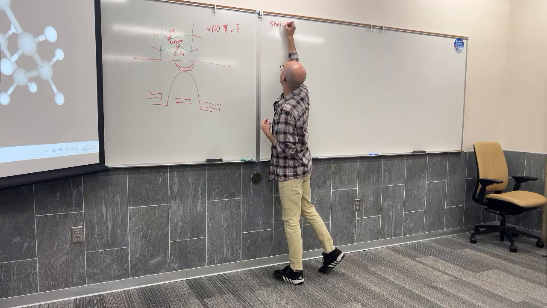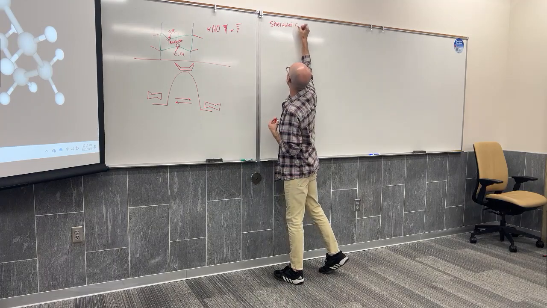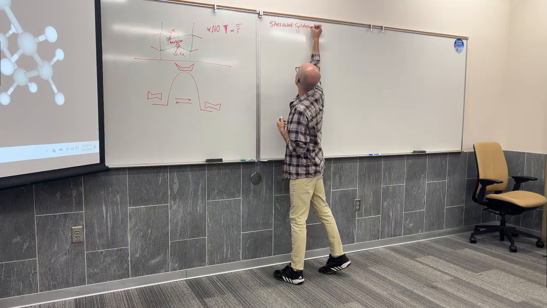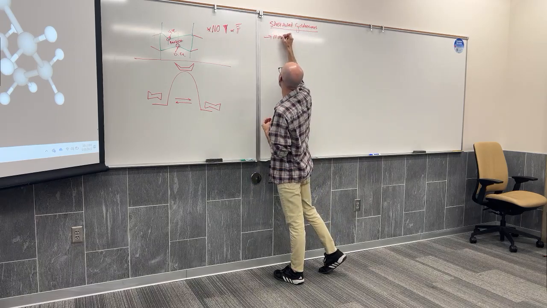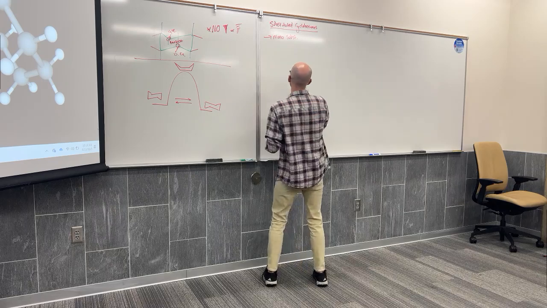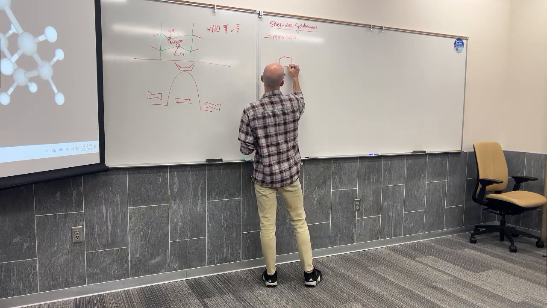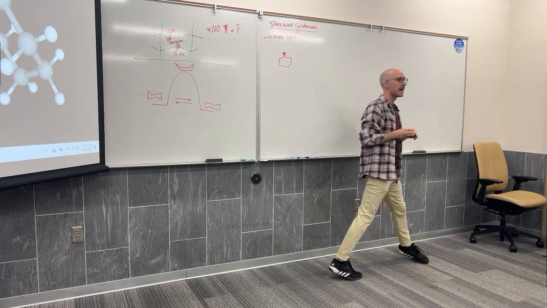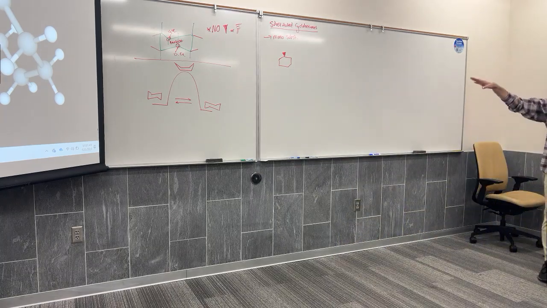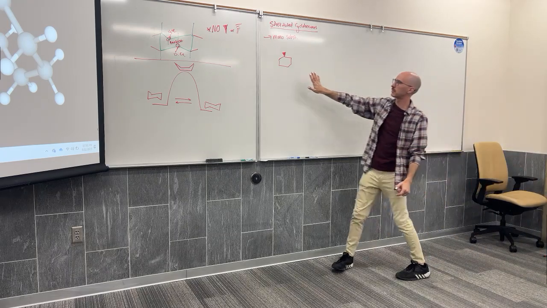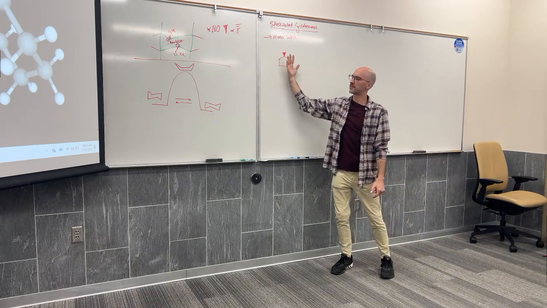Now let's look at substituted cyclohexanes. We'll start with our mono-substituted. Let's take something like methyl cyclohexane. Now I've added a wedge there, but if it was a dash, I think you'd agree they're the same molecule.